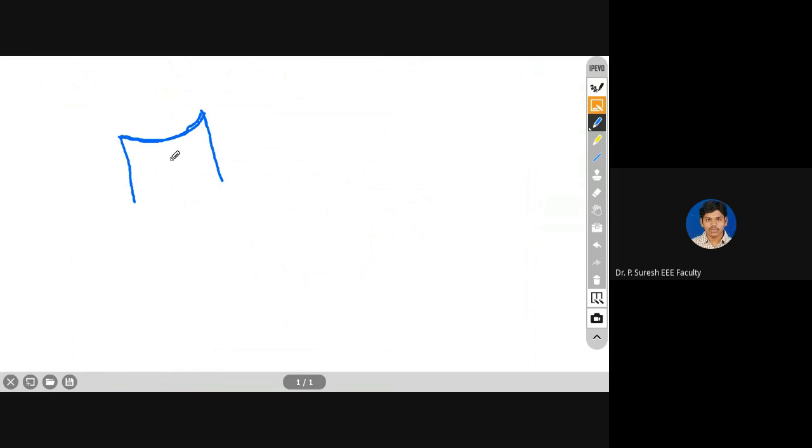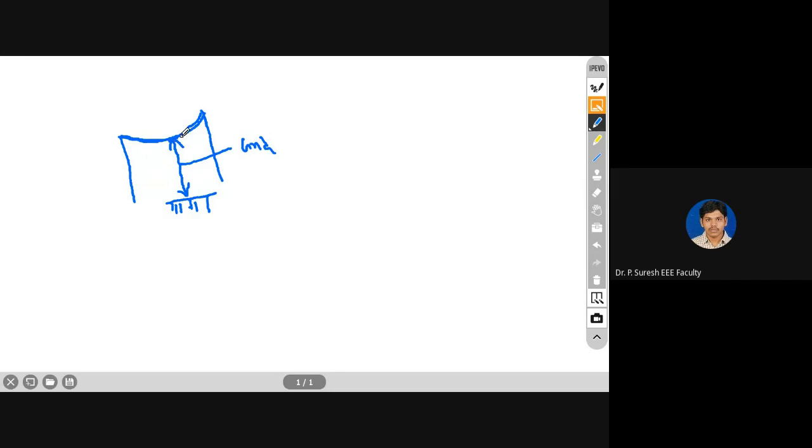The distance between the lowest point on the conductor to earth is called ground clearance.